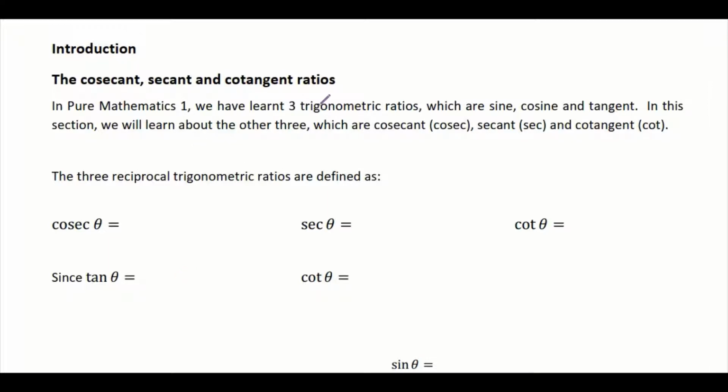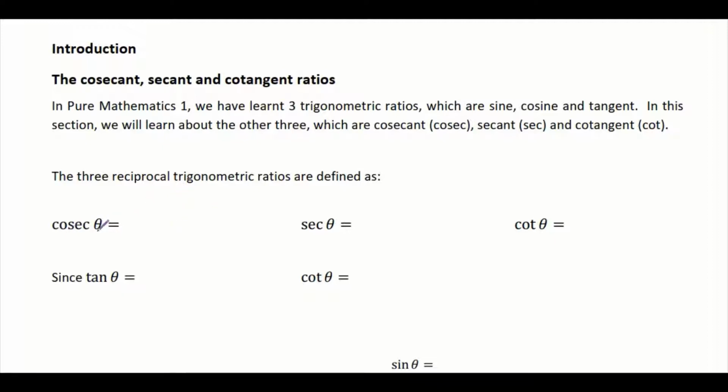Okay, so in Pure Maths 1, we already know what is meant by sine, cosine, and tangent, right? So for this lesson, we are learning the other three, which are cosecant, secant, and cotangent. The first one here is cosecant. Actually, they are the reciprocals of the trigonometry ratios that we have learned previously.